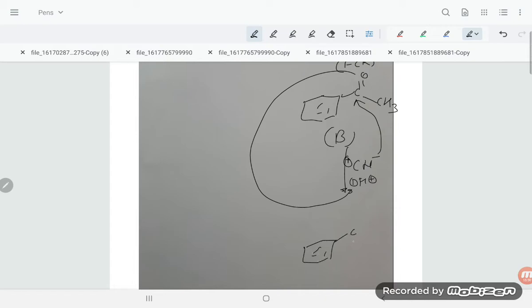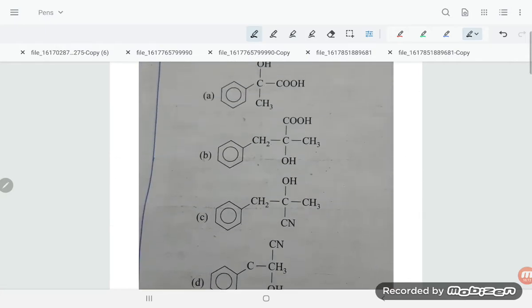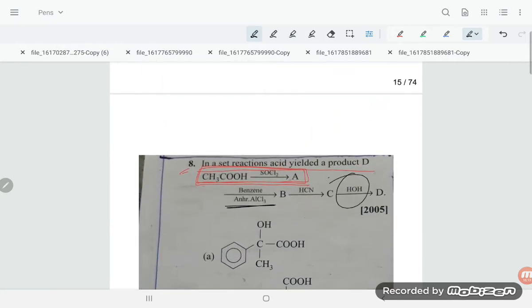Downside it will be CN, here will be O negative and OH, and here will be CH3. So this is C. Now the last one, after C they are treating with HOH, right students, again with HOH.